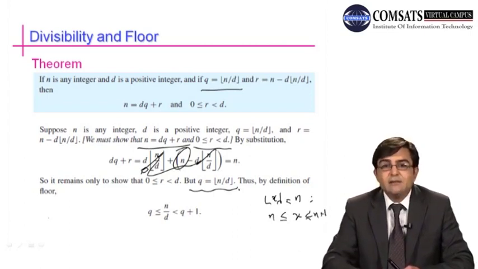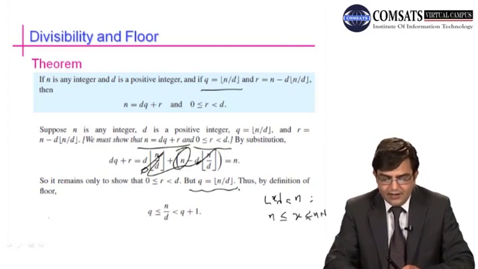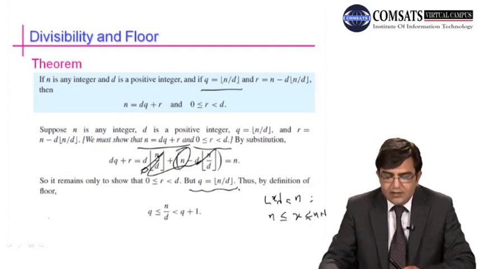So we have applied the same definition here on floor of n by d. Here we can write n by d greater than or equal to q and less than q plus 1. We need to prove r is greater than or equal to 0 and less than d here.